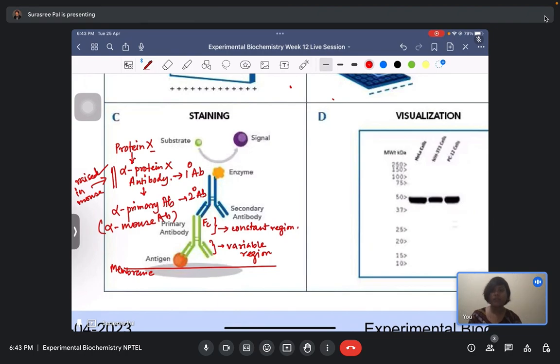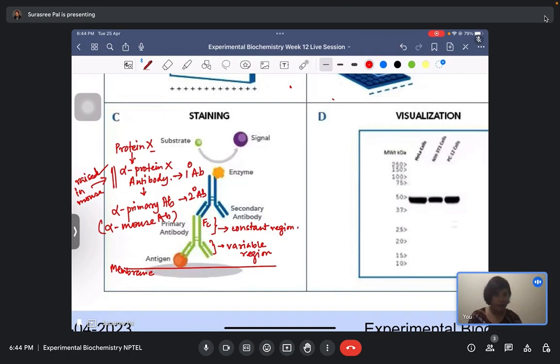So which is why it will be an anti-mouse antibody. And also this secondary antibody will be labeled with an enzyme which can give a colorimetric signal or a chemiluminescent signal or a fluorescent signal. So that is why we are using two antibodies here.